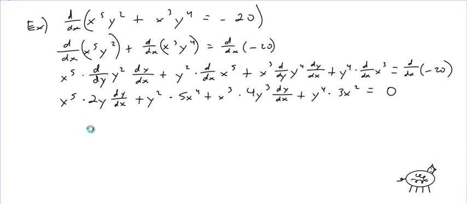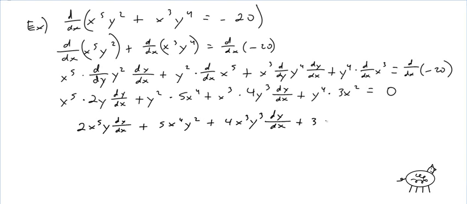So let's simplify this a little bit now. We have 2x to the fifth y dy dx plus 5x to the fourth y squared plus 4x cubed y cubed dy dx plus 3x squared y to the fourth equals 0. Okay, so I'm going to collect the dy dx terms on one side and factor out in one shot here.